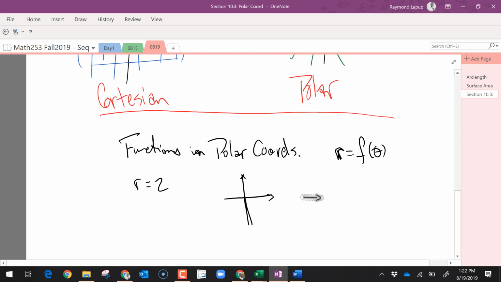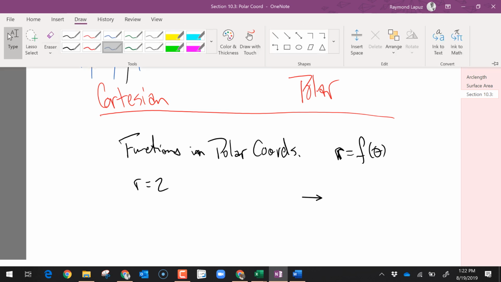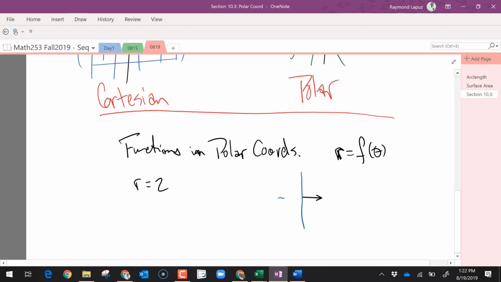Anyways, the idea is that as theta changes, you're going to rotate this around. And as you rotate this around, the length's not supposed to change, but it keeps changing.